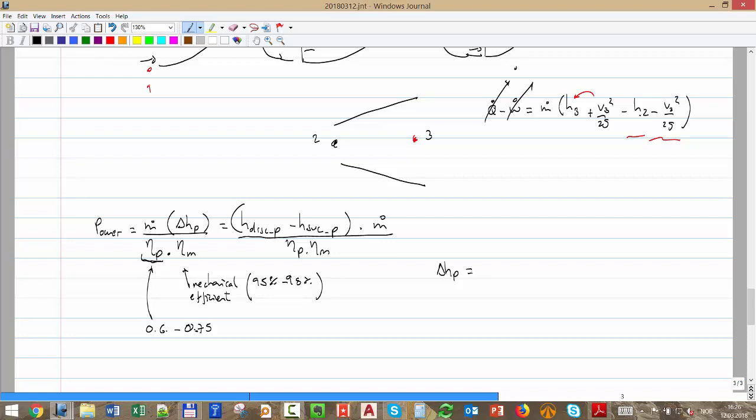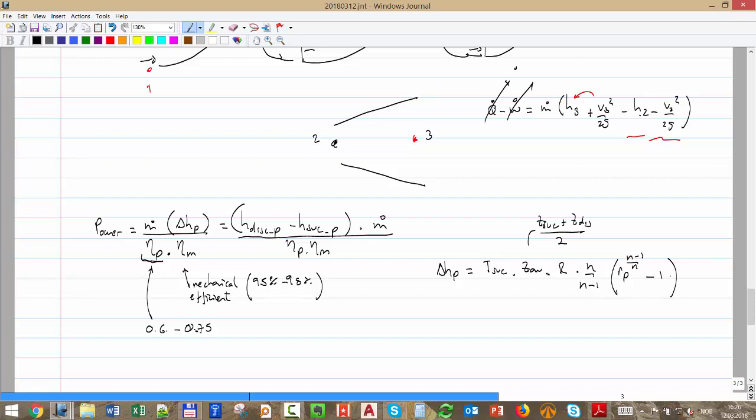I can say that that's equal to T suction times Z average, where Z average is suction discharge divided by 2, times R times n over n minus 1, Rp to the n minus 1 divided by n minus 1.